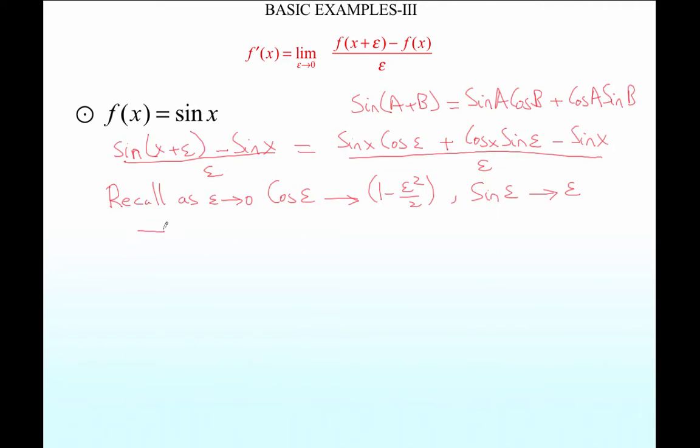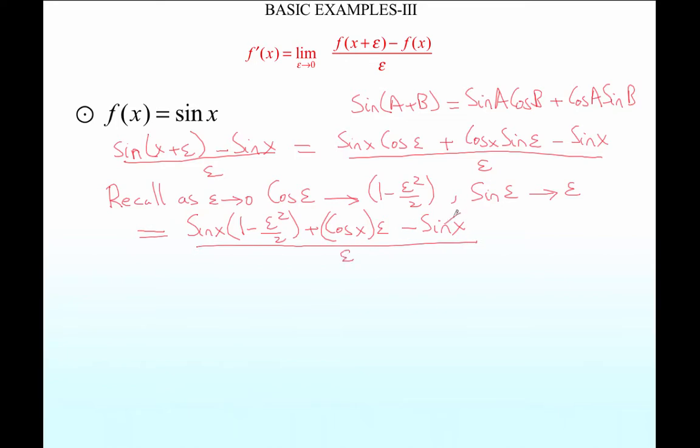And so the result is that we're going to get sine x multiplying 1 minus epsilon squared over 2 and cosine x multiplying epsilon and then minus sine x and divide by epsilon.